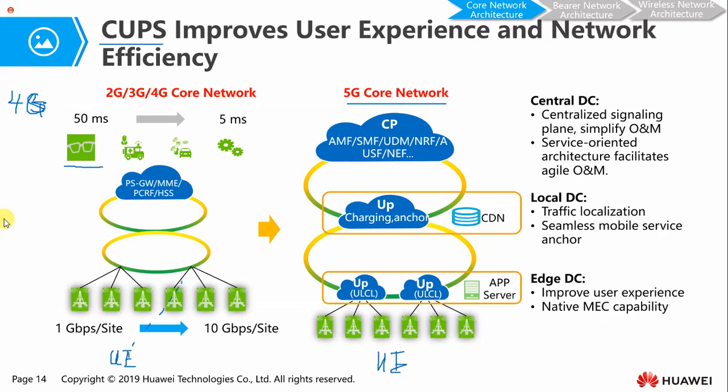The UE goes through the base station, IP transmission, and core network to the video server, and then comes back to the UE. It needs to travel through the entire network, the whole network, and this may bring more delay.